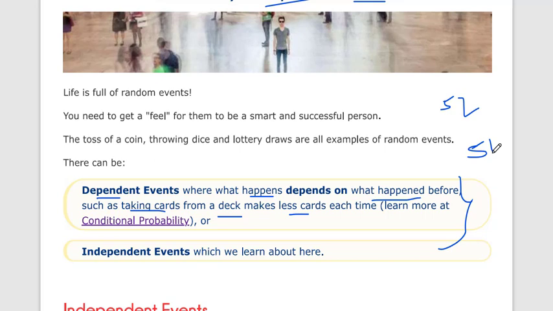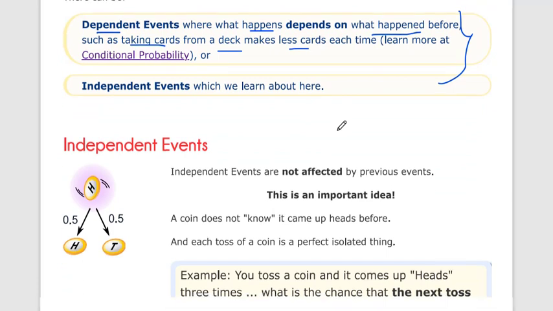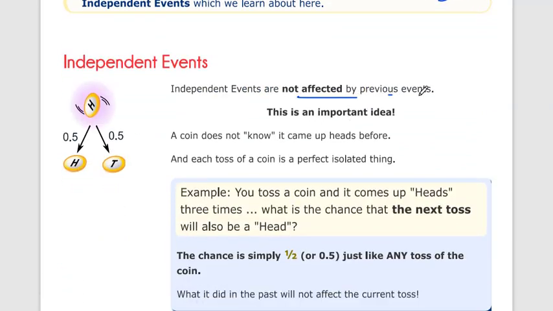But independent events do not depend on another event's outcome. Independent events are not affected by a previous event or previous outcome. It does not depend on the previous result.